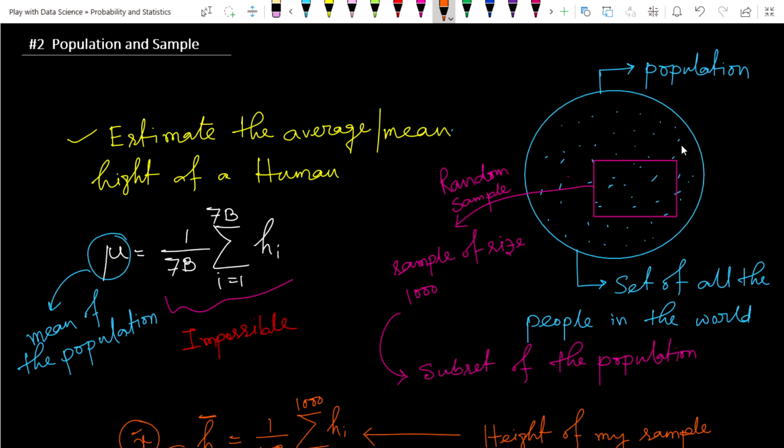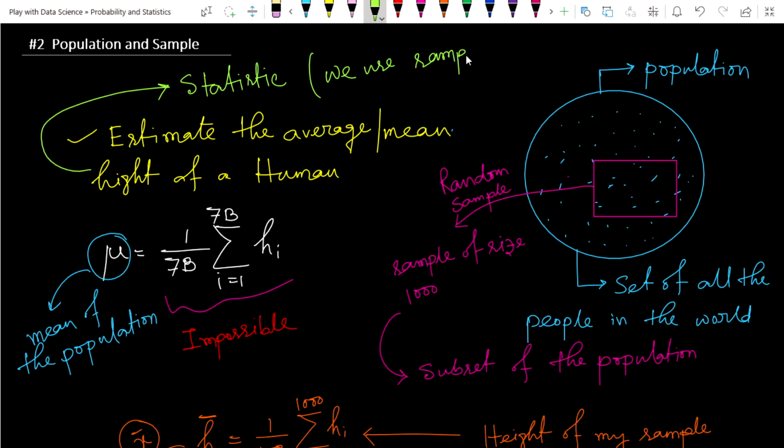We will see in the next part of the lecture how to use sample means to find estimations of the population. But for this simple reason, these things are called statistics, because here we use the sample mean to estimate the population mean.